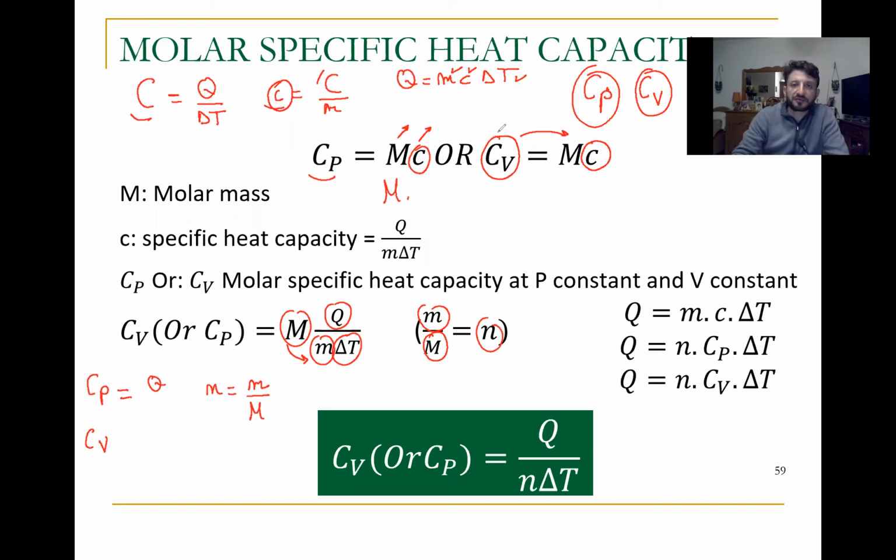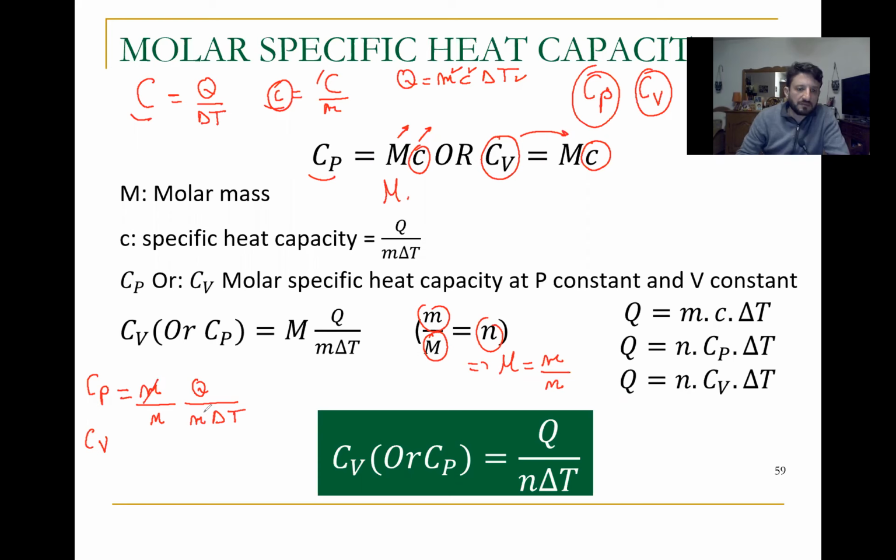Let me write the relation again. We can write Cp or Cv equals M times Q divided by m delta T, where M equals m divided by n.